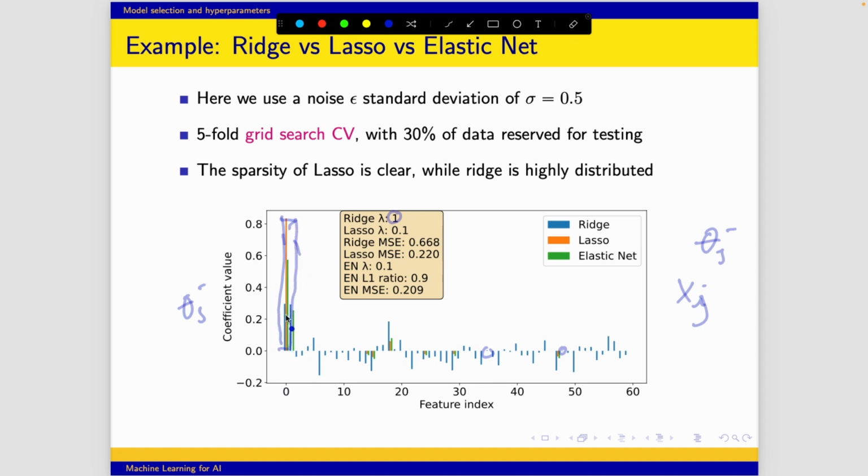This is theta 1, and this is theta 1 as well. It said basically that theta 1 is about 0.8, and theta 2 is correctly set to 0, because theta 2 is basically just theta 1. They're highly correlated.